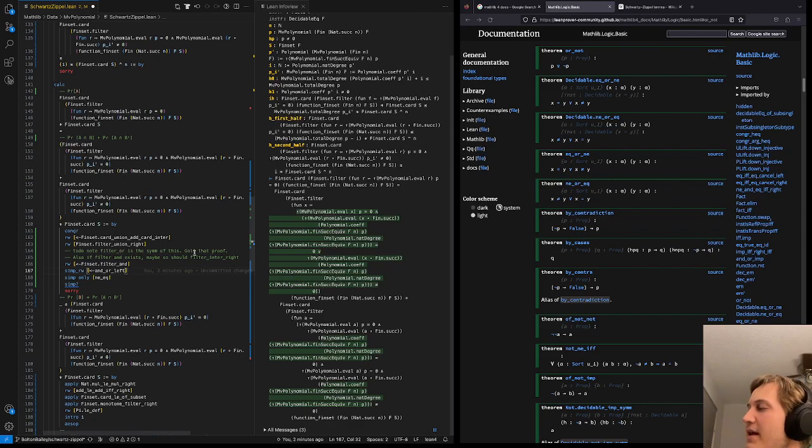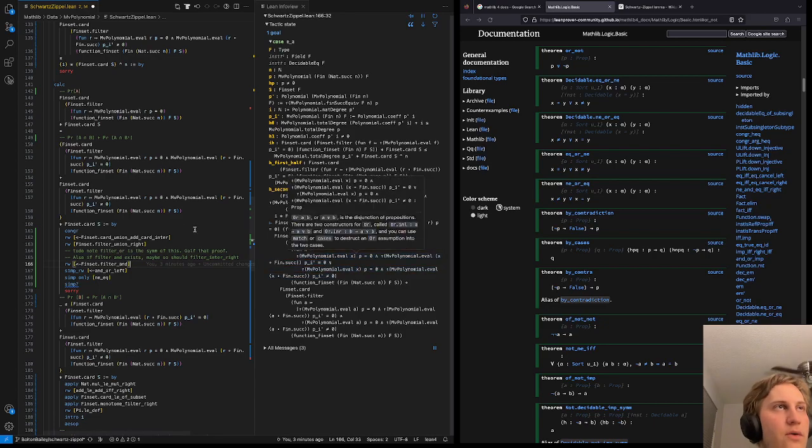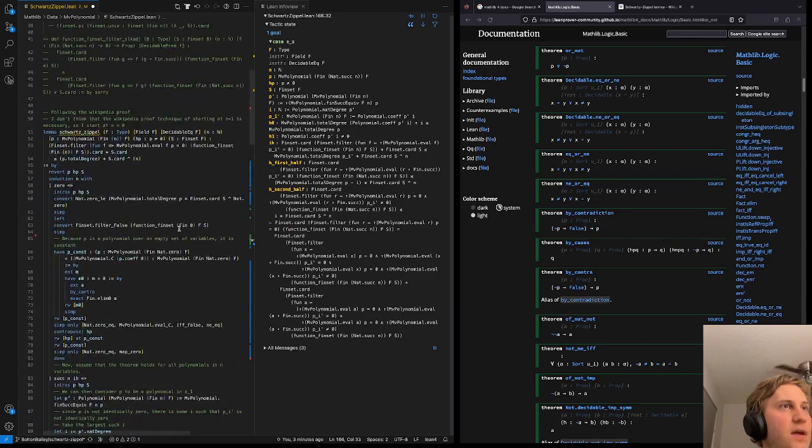I feel like there should be A and B or A and not B, right? That's the structure I have here. A and B or A and not B, if and only if.